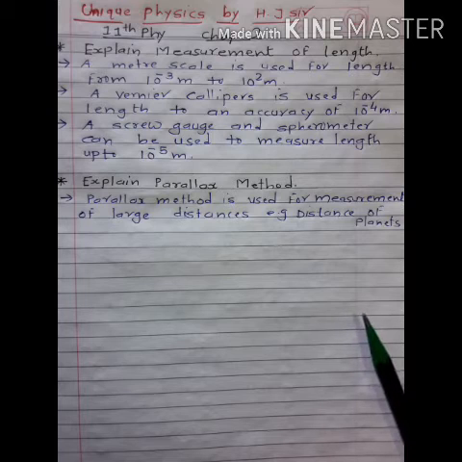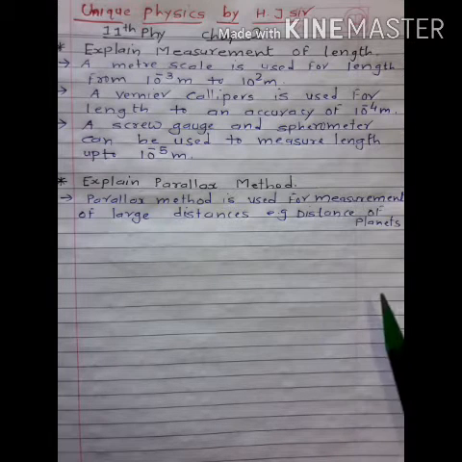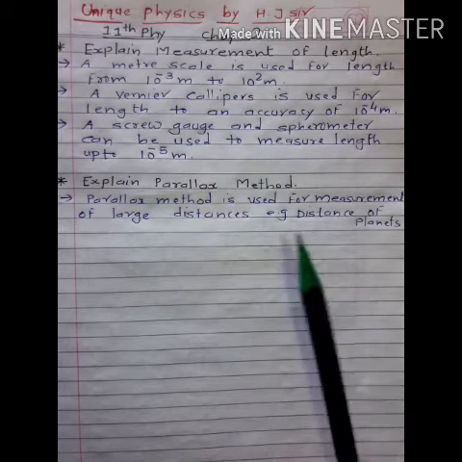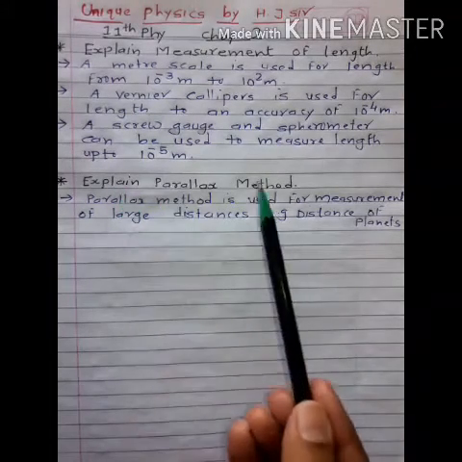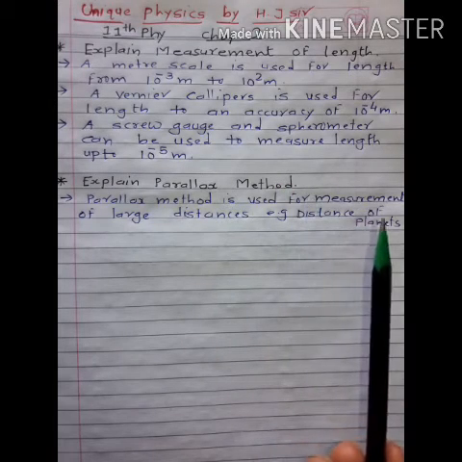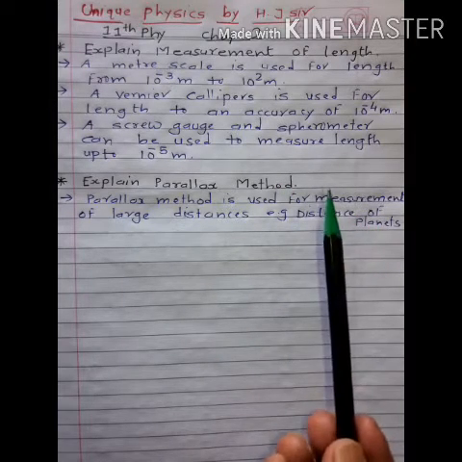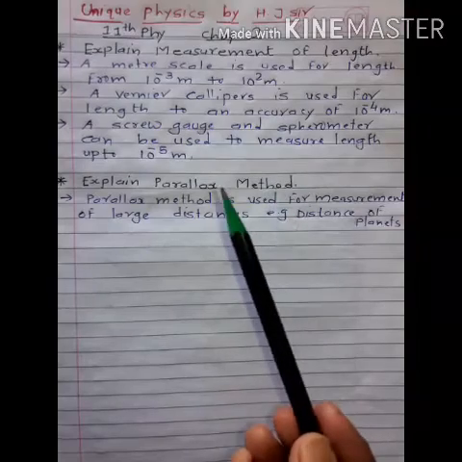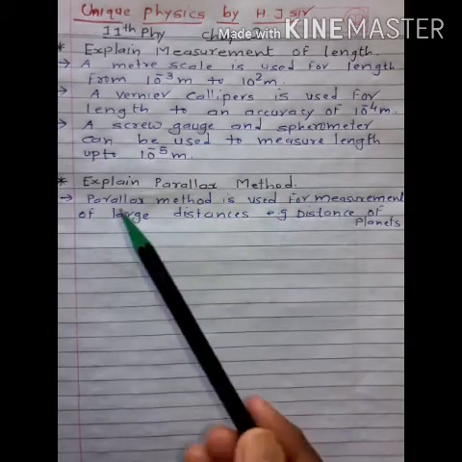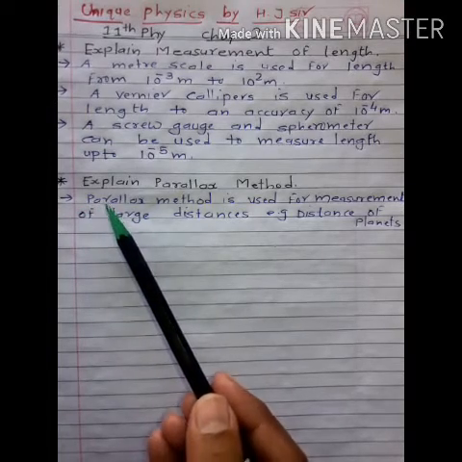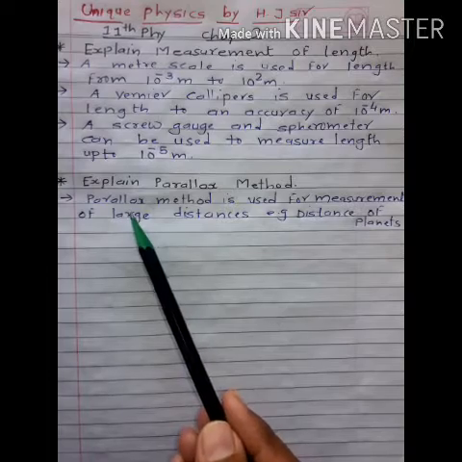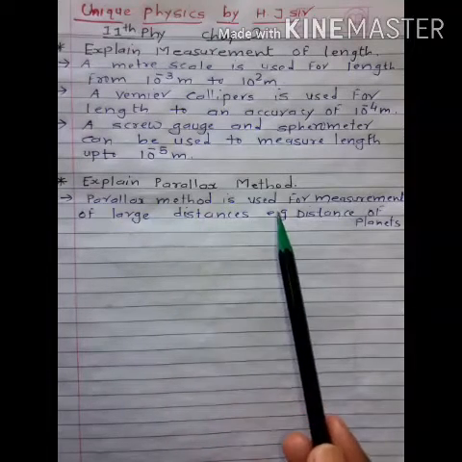In the question of measurement of length, here we are going to explain an important method. Explain parallax method. This is the most important question of this chapter, and using this method we can measure large distances. So our first topic is, parallax method is used for measurement of large distances.